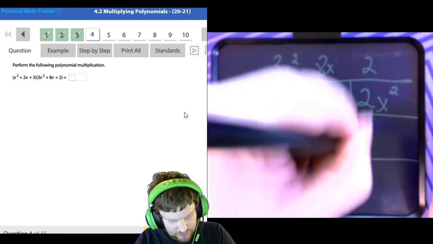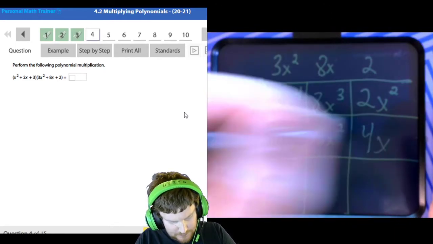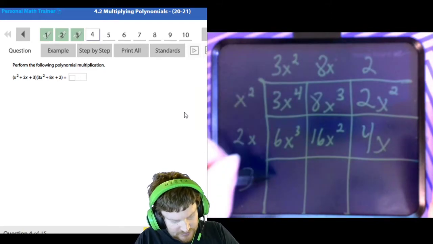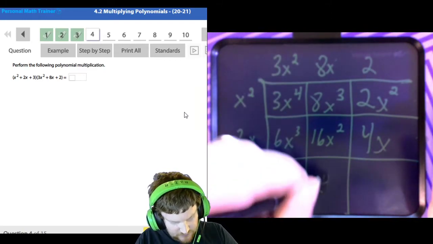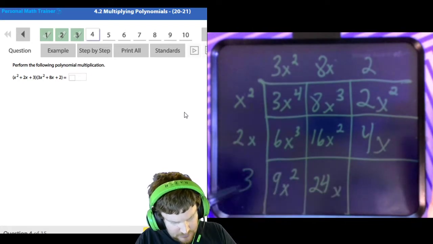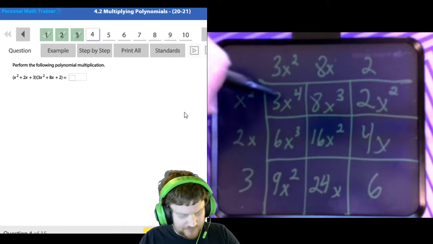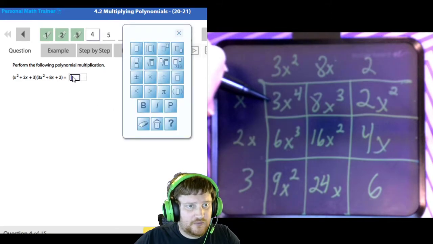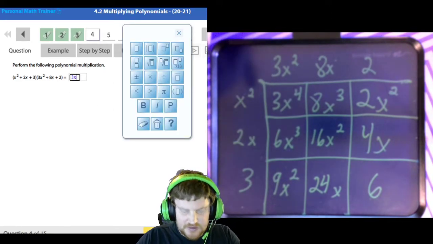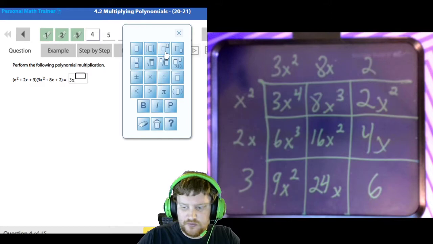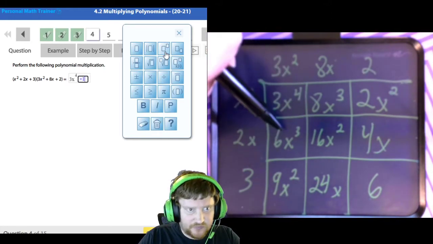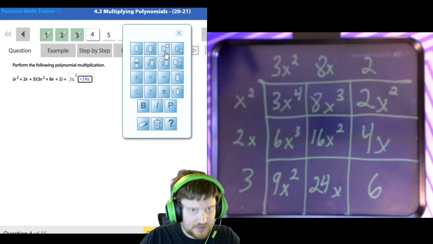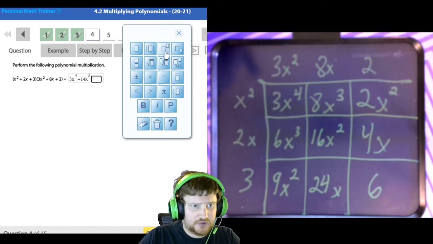2 times 2 is 4. 3 times 3 is 9. 3 times 8 is 24. 3 times 2 is 6. So I have 3x to the 4th. Then 8 plus 6 is 14, x cubed.